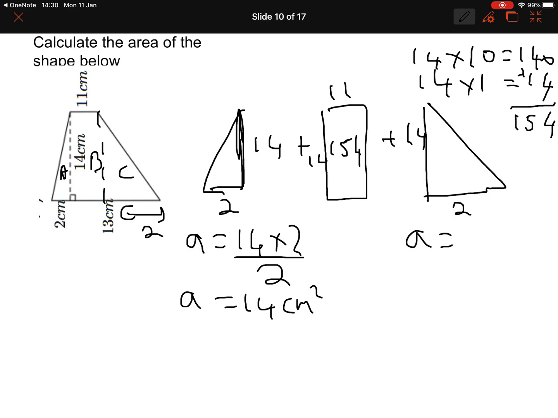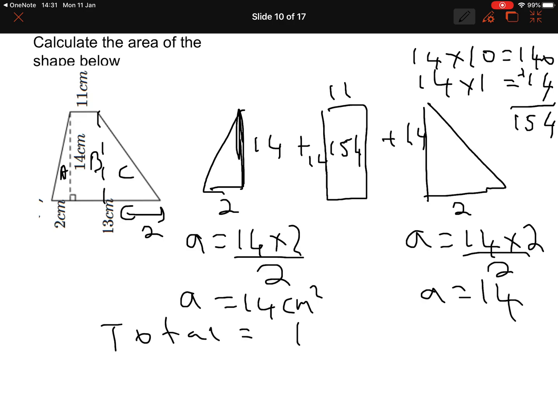And if you look at the last shape, the area will just be 14 times 2. And then you half that. Okay, so that's going to be 14 centimeters squared as well. Okay, so you just do 154.